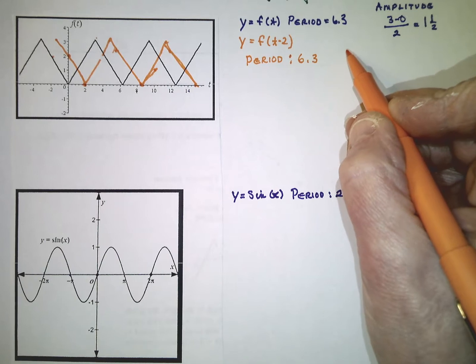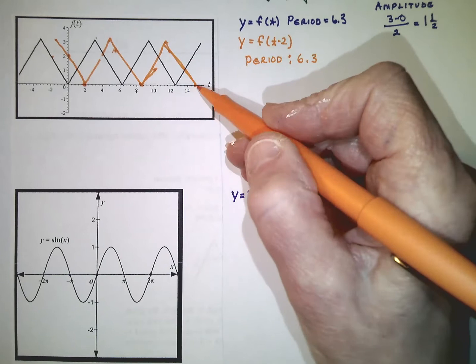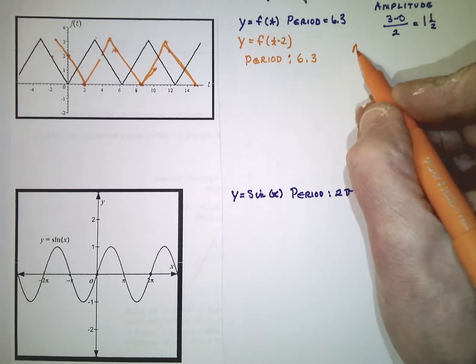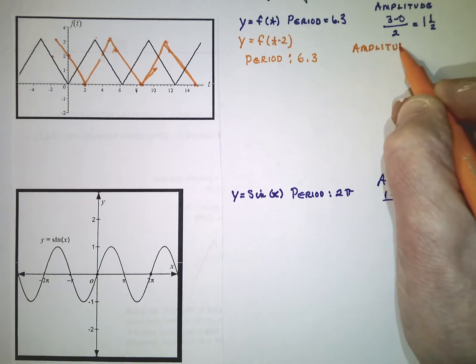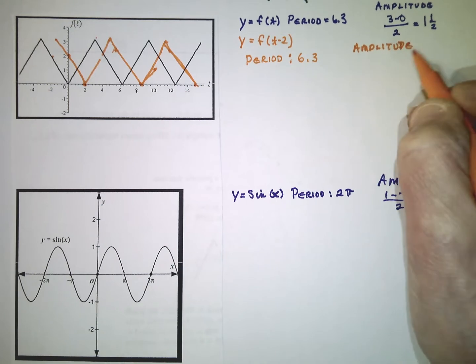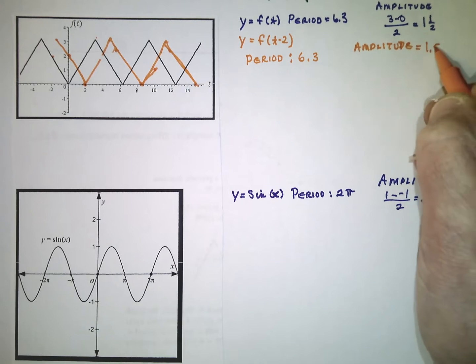How about the amplitude? Well, the highest y value and the lowest y value didn't change at all. So the amplitude is still 1.5.